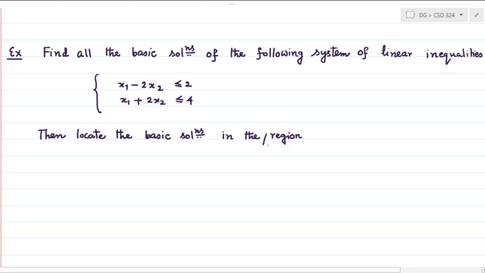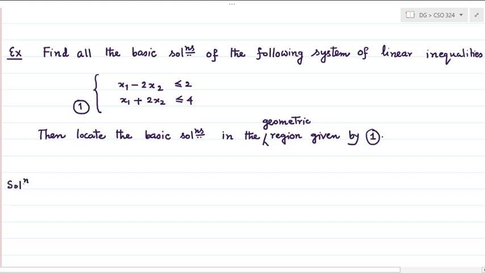In the geometric region, you graph out the region in the R2 plane of these inequalities. Let's suppose this system, let me name it as 1, given by 1. Fine. So let us go for it.